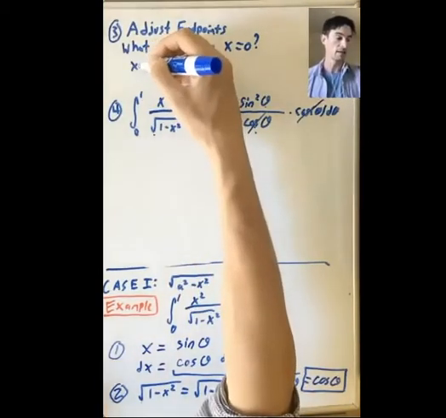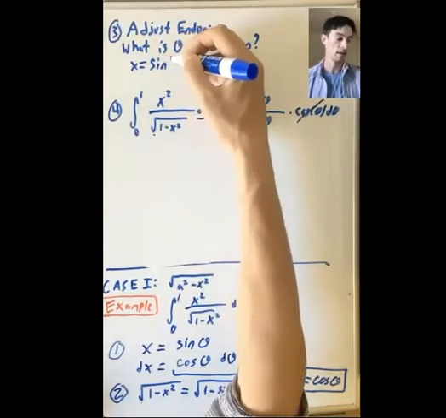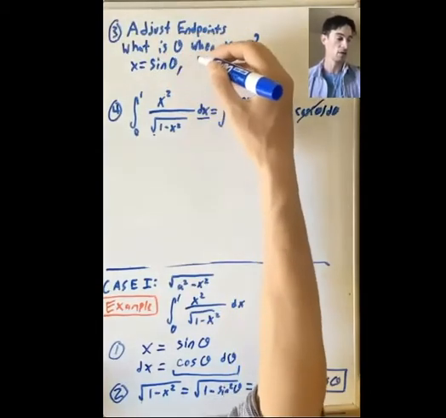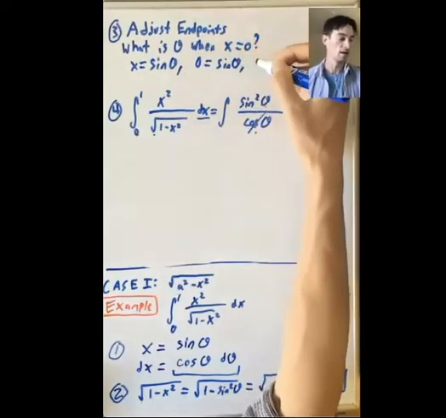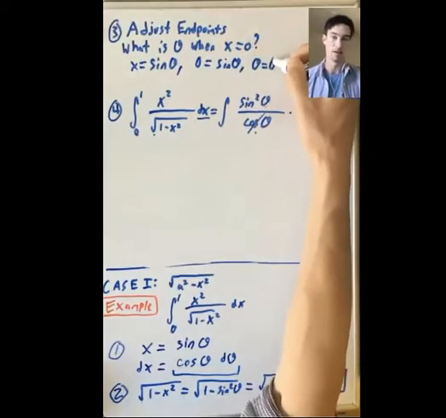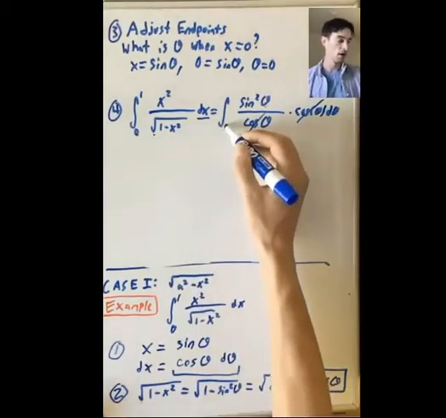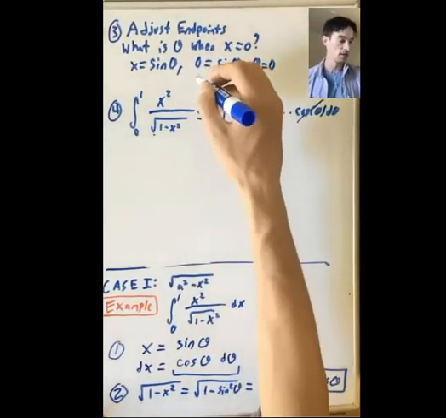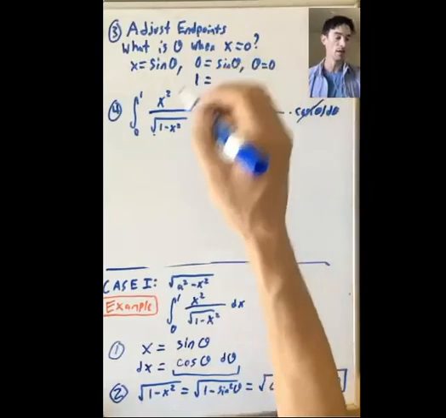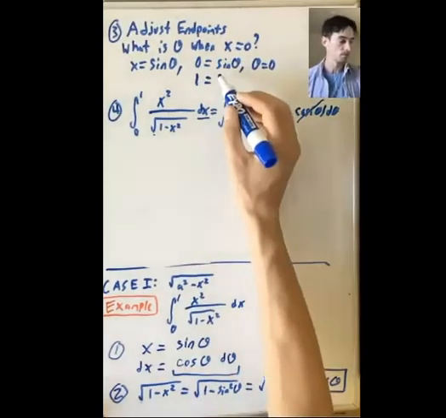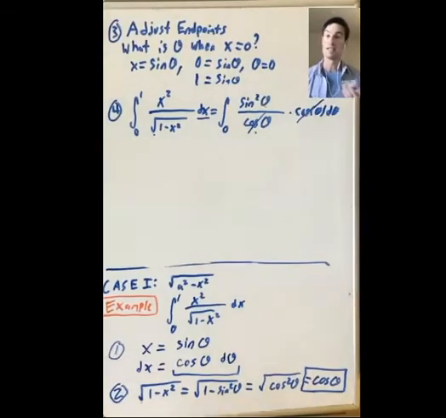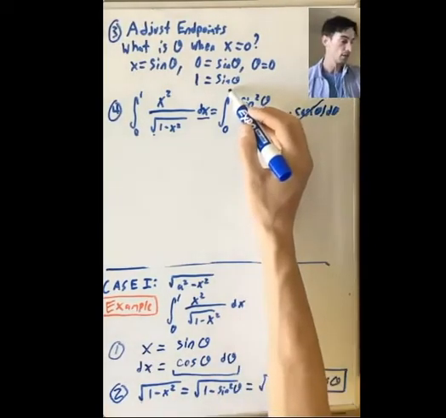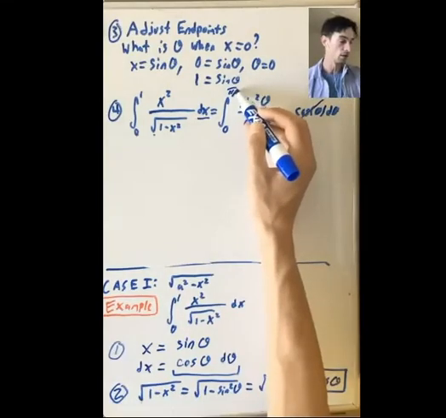Well, you know x equals sine theta. So if 0 equals sine theta, theta equals 0. So the lower endpoint is 0. The same idea. What is theta when x equals 1? If 1 equals sine theta, we pick the simplest value we can for theta, which is pi over 2.